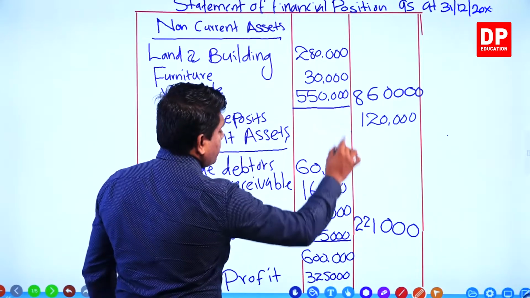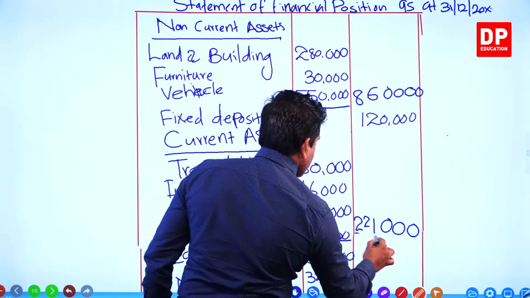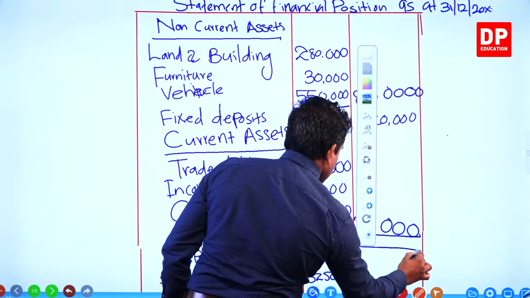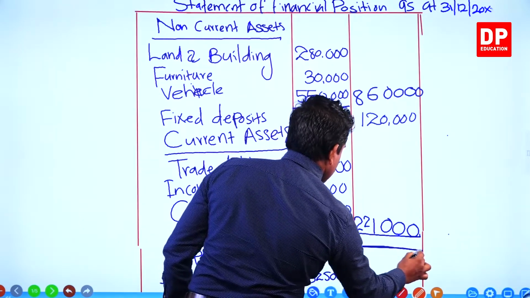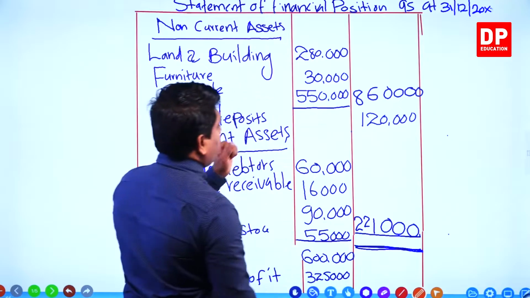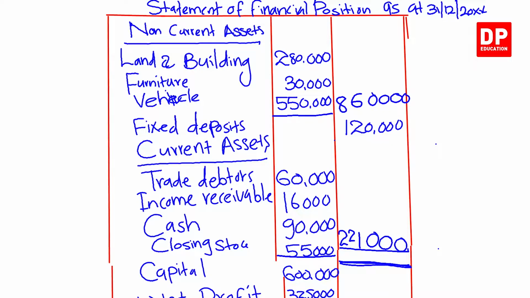Okay. Now you can add this area. How do you get the total? 0, 0 and 0, then 0 plus here 1, then 6 plus 4, 10, then 12, right?